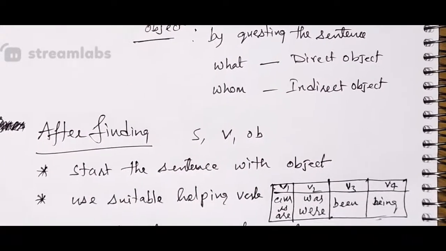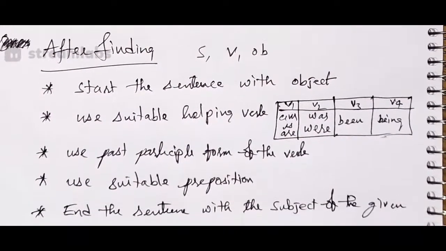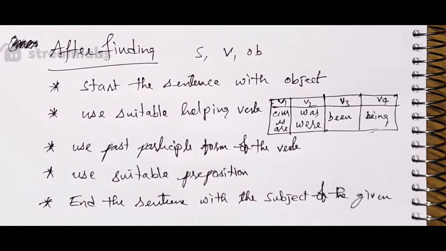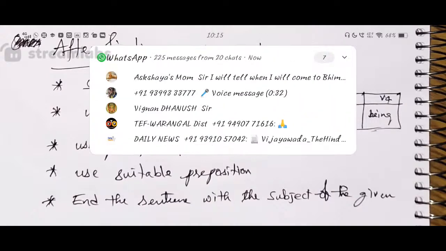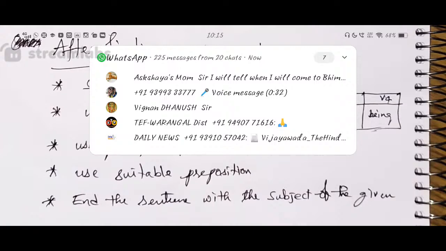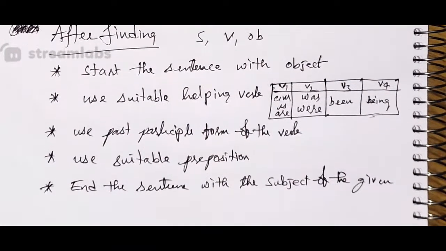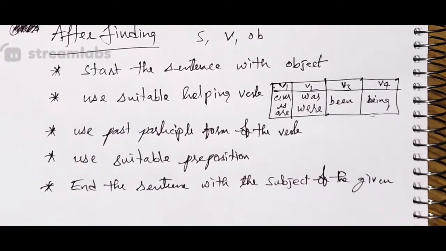After finding the subject, the verb, and the object, these rules have to be followed. While making a sentence into passive, we have to start the sentence with the object. That object has to be used at the starting.